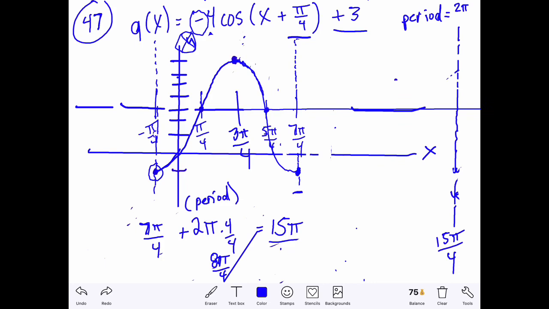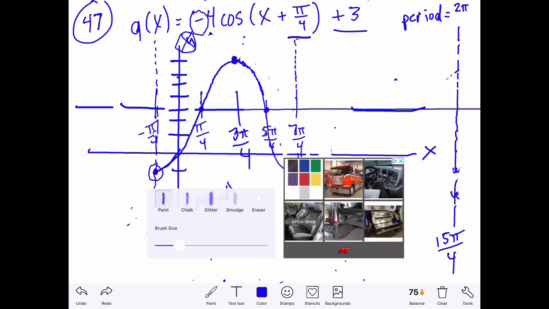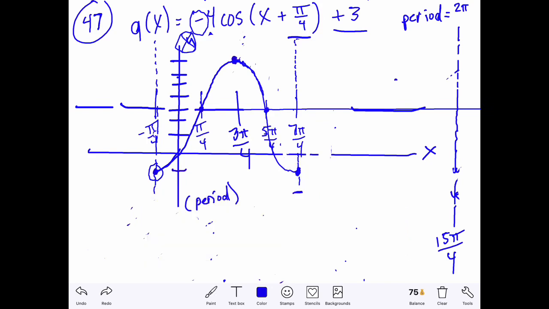But to get there, I'm just going to take again my period and divide it into how many parts? You got it, 4 parts. So that would be period divided by 4 parts. 2 pi divided in 4 is pi halves.